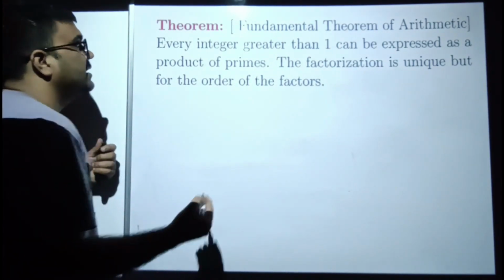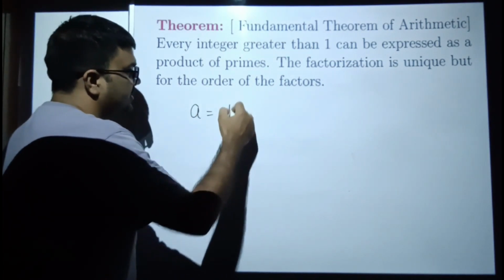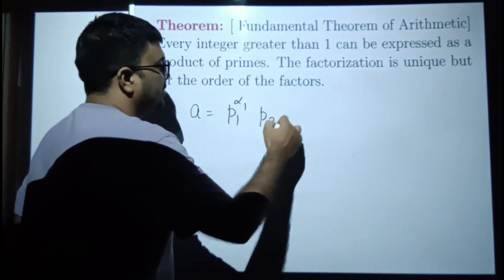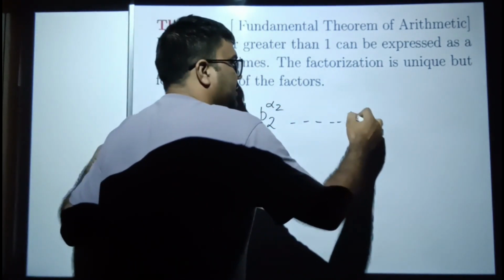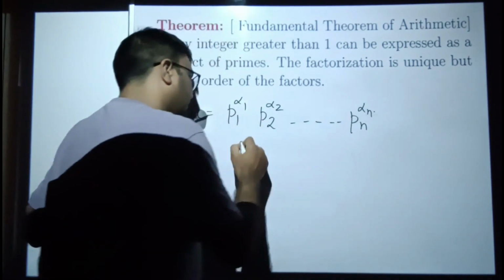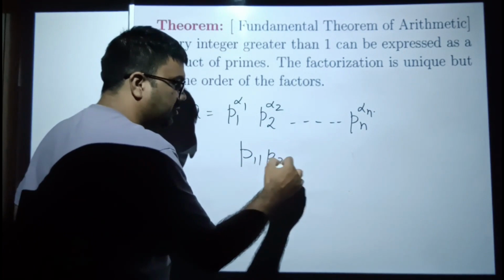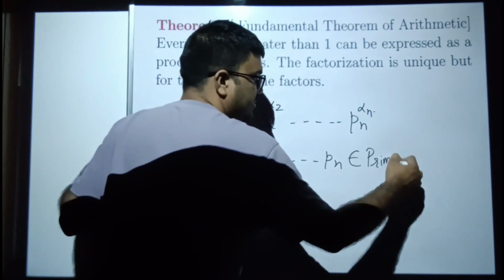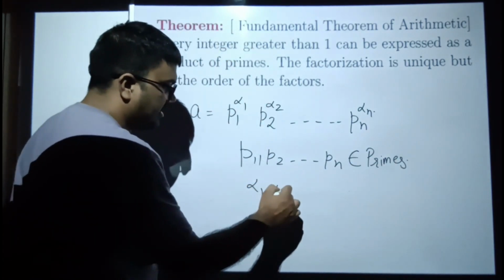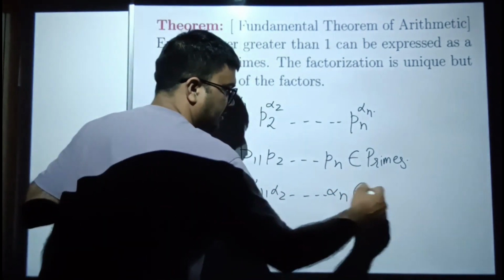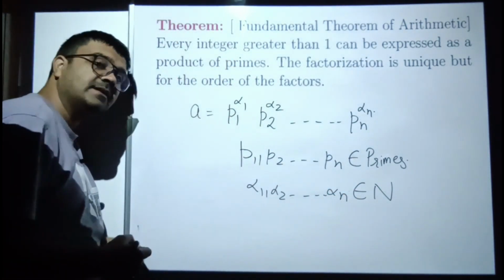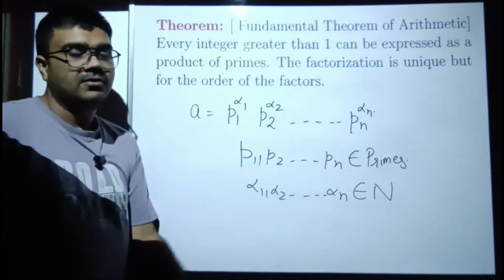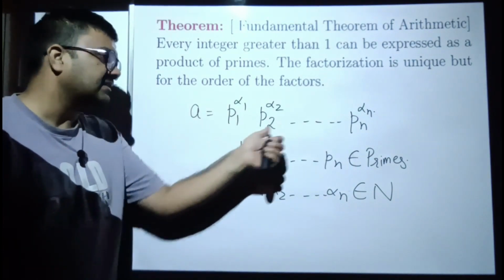If any integer a is given, we can always write it as p1 raised to the power alpha 1, p2 raised to the power alpha 2, so on up to pn raised to the power alpha n, where p1, p2, so on up to pn are the primes, and the powers alpha 1, alpha 2, so on up to alpha n are natural numbers. Then it says the factorization is unique, but for the order of factors, that is, the ordering of these factors can be changed.